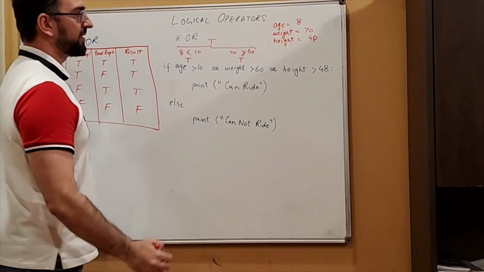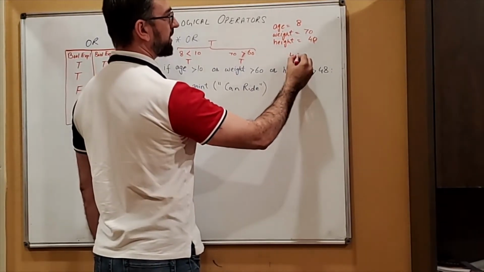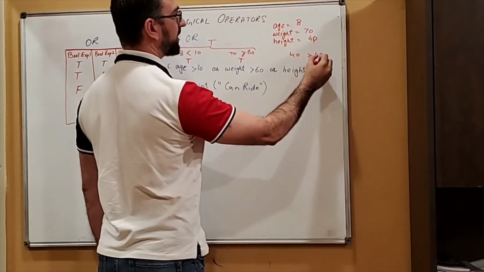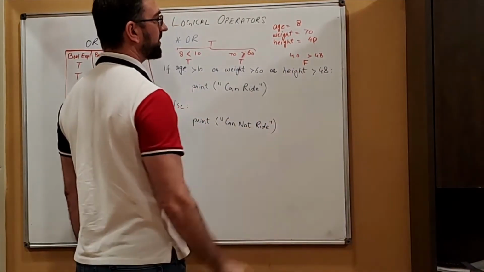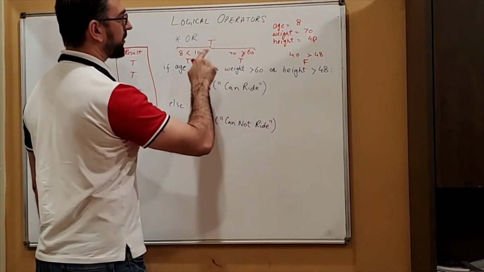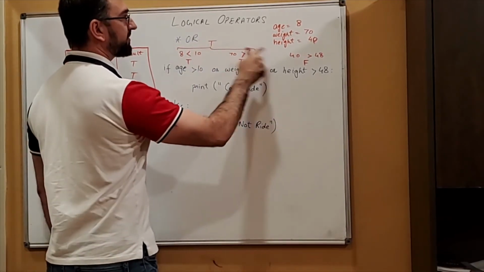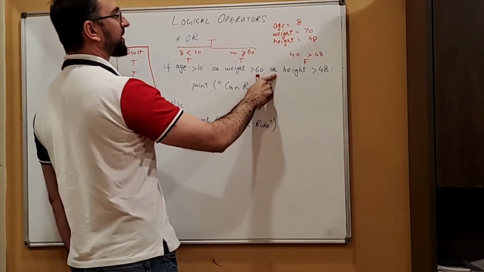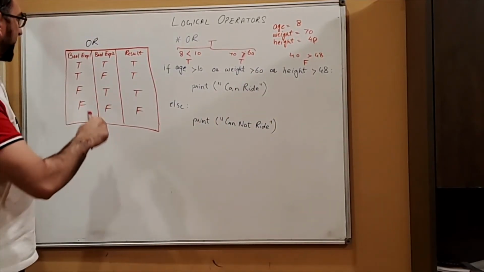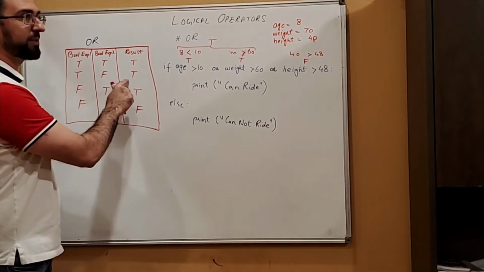So the result of these two will be true. Now it's going to go ahead and say height 40 is greater than 48. Now this will evaluate to false. Now when this evaluates to false and the result of this side evaluates to true, and both of them are combined using the OR logical operator, let's see what the truth table tells us. True or false evaluates to true.